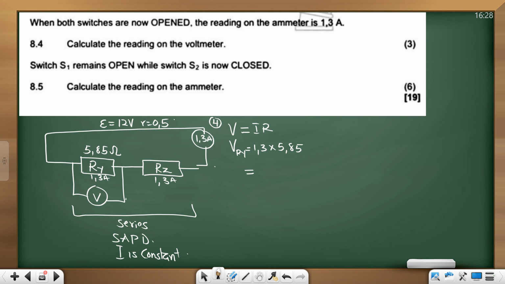We are done there. 4 marks or 3 marks? Quickly get me answers. Share your answer with me. 7.61 volts. Thank you very much.